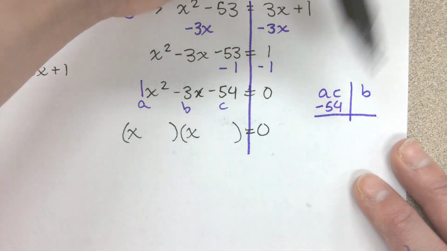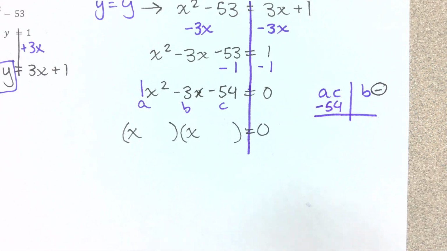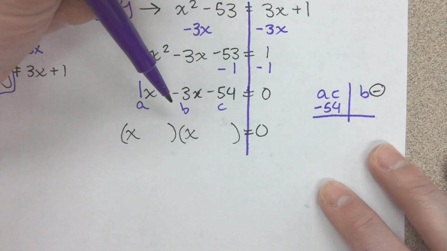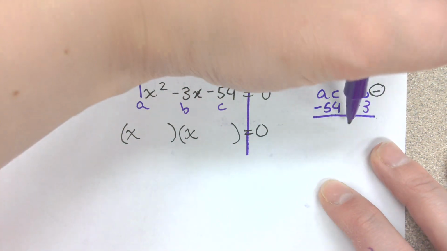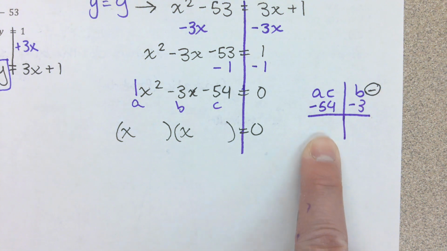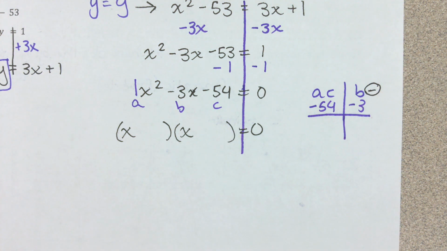Since this is a negative, we're actually subtracting to get that number on the right side. So B is negative 3. So the two numbers that we come up with in the left column need to subtract to get 3.